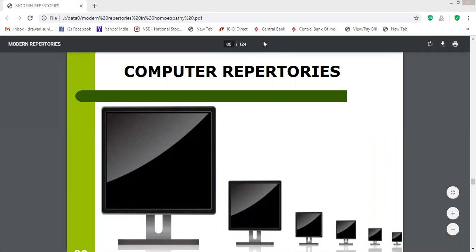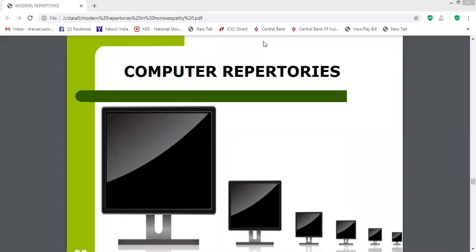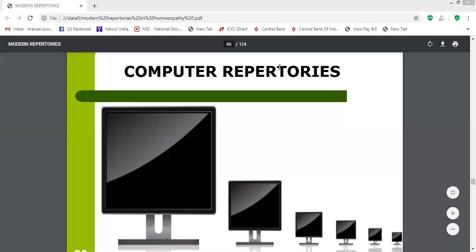With the help of computer repertories, we are able to save this valuable time, which is the most important advantage of these computer repertories.